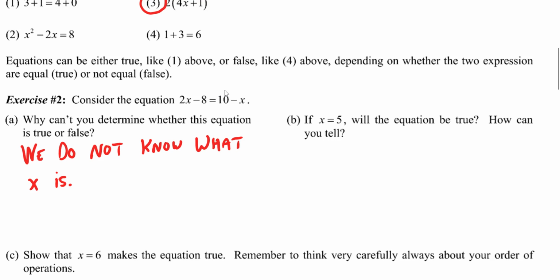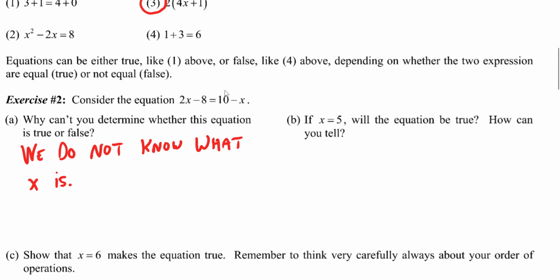So letter B says, if x equals 5, will the equation be true? So now what they're doing is getting into what we've done before, testing things to be true. Last unit, our big word was equivalent. We wanted to test if things were equivalent, and I'd say store a number like 7 or 5, but not 0, 1, 2, or 3.